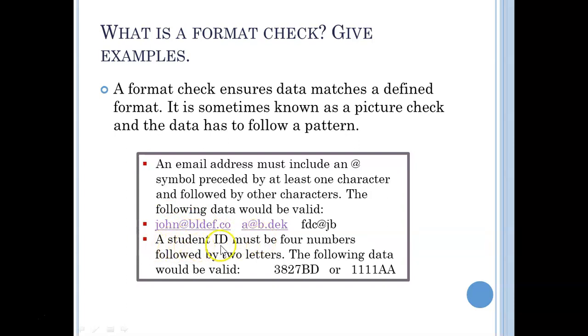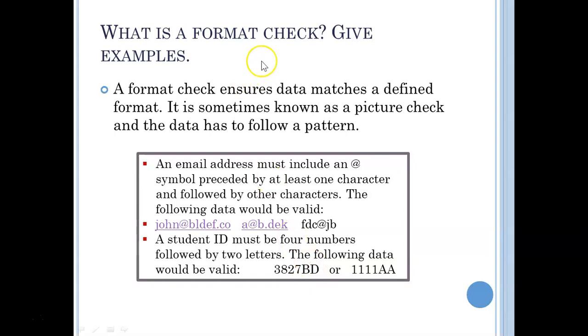So student ID is another example. You must say that it must be 4 numbers followed by 2 letters. The following data would be valid. So as long as the first 4 characters are numbers, 3827, followed by 2 letters, so BD, then that data will be accepted.